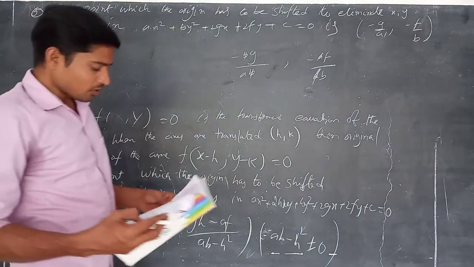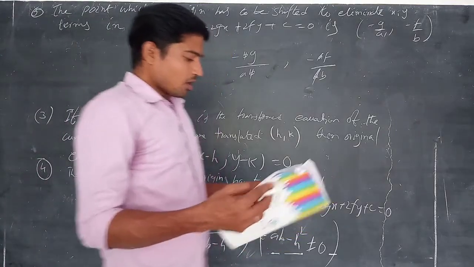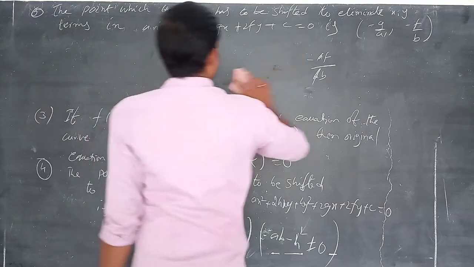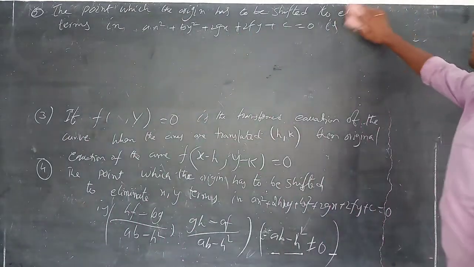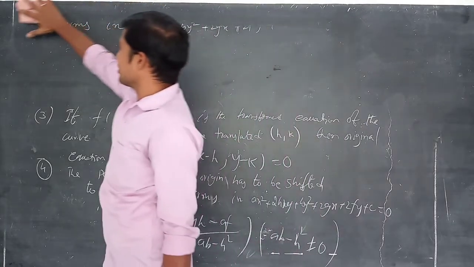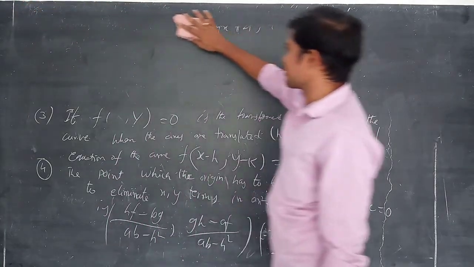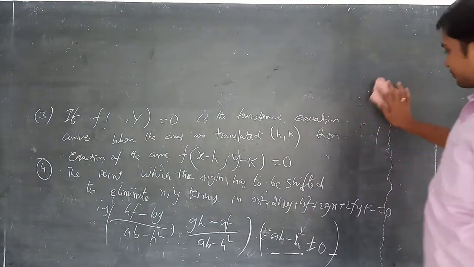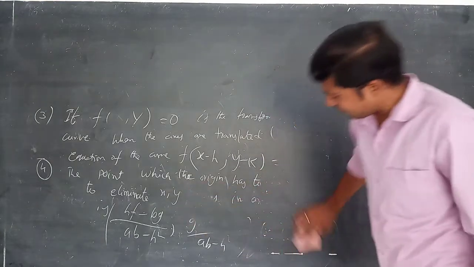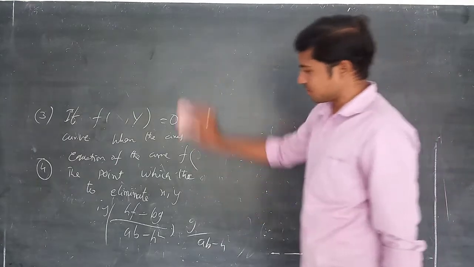Next, let us see rotation of axes. Here we shifted the axes to some other point without changing the direction of the axes. So if we do a rotation, what happens? Transformation of axes, rotation of axes.